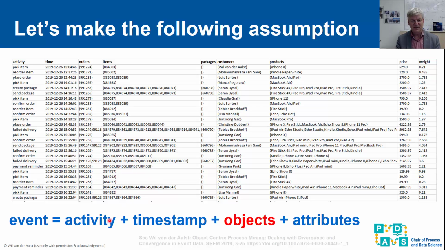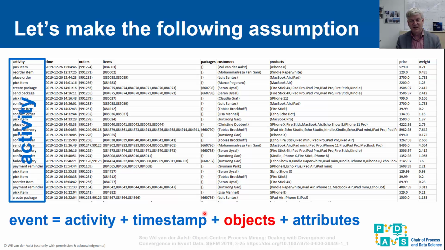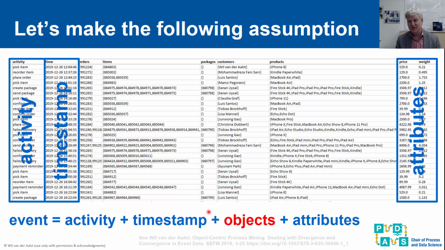So an event is an activity, a timestamp, any set of objects and attributes. So if I highlight that, we have the activity column, we have the timestamp column, just as before. Events may have any number of attributes, like for example price and weight.